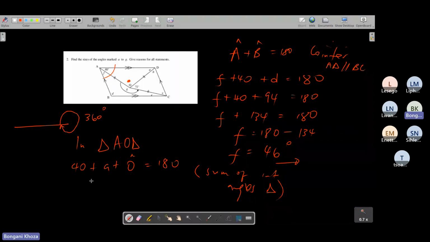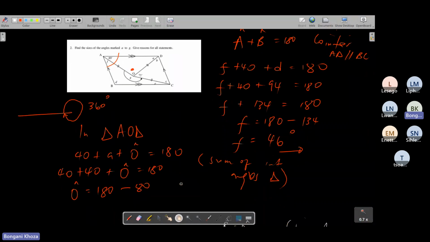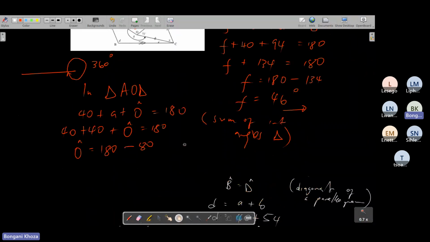And then from there, we know the value of A, so it's 40 plus 40 plus angle O equals 180. Angle O is 180 minus 80, like that. And then from there, our angle O equals 100 degrees. Right.